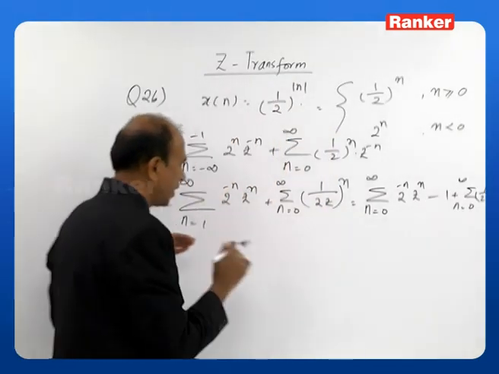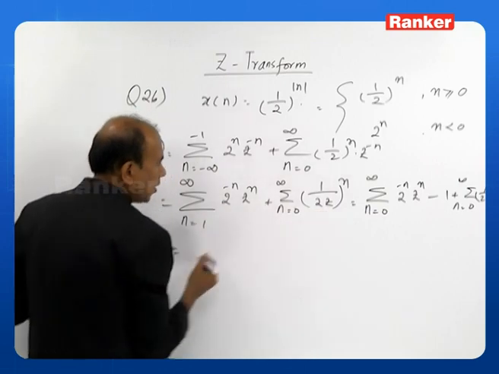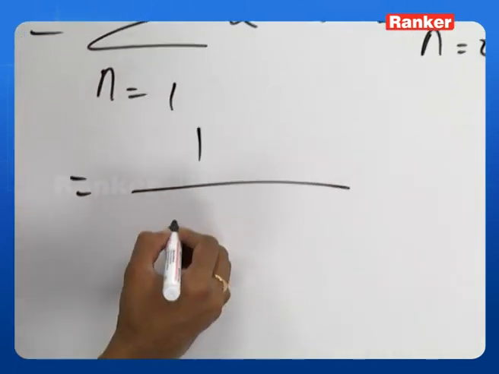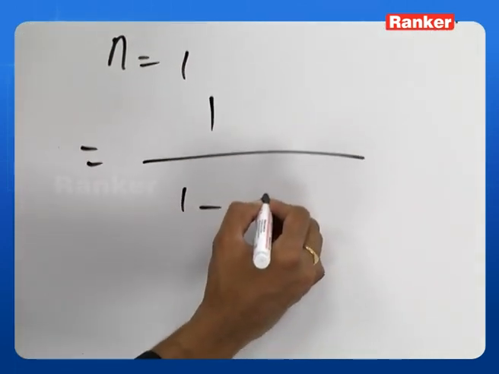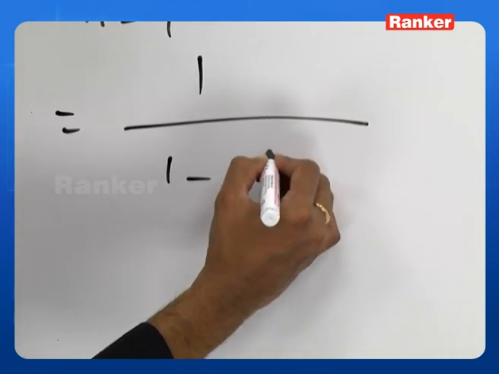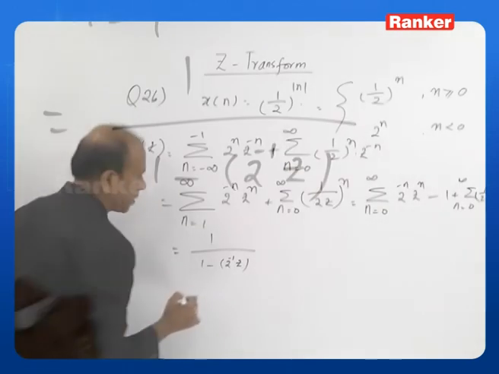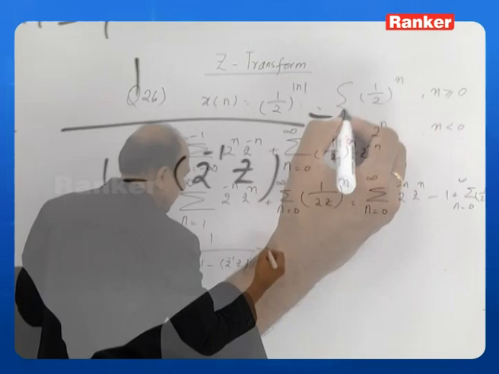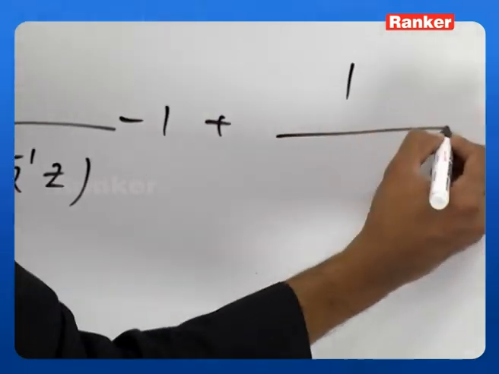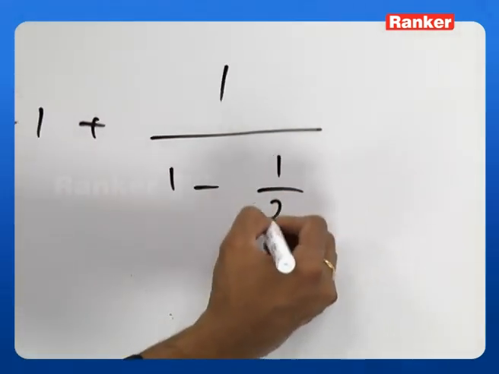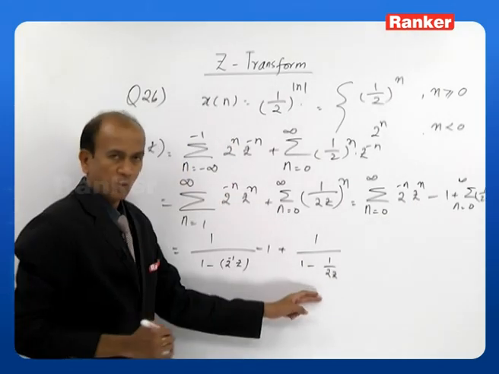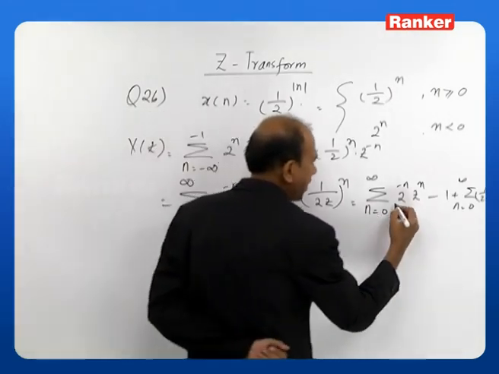So let us write down here again the same thing. This will be equal to 1 by 1 minus z by 2, minus 1, plus 1 by 1 minus 1 by 2z. So this actually we have to translate.